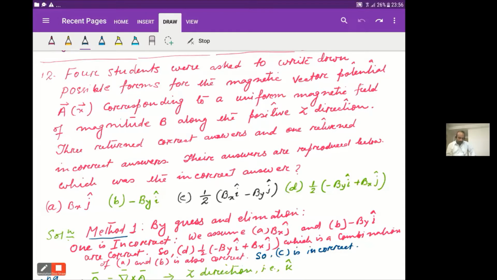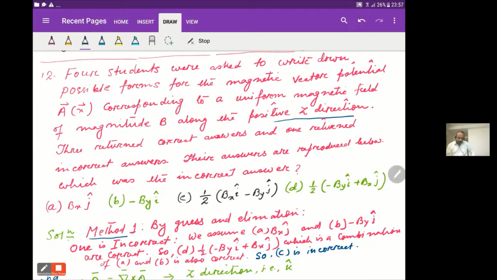Problem number 12. Four students were asked to write down possible forms for the magnetic vector potential A corresponding to a uniform magnetic field of magnitude B along the positive Z direction.